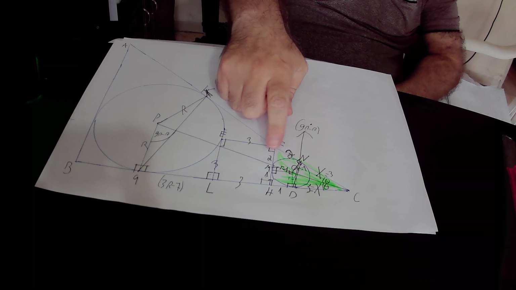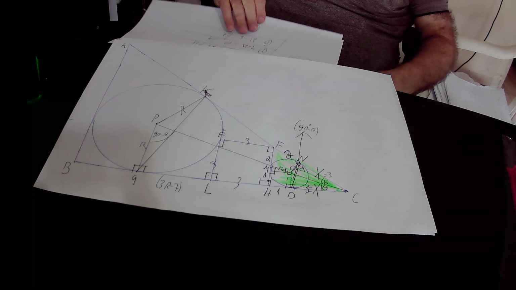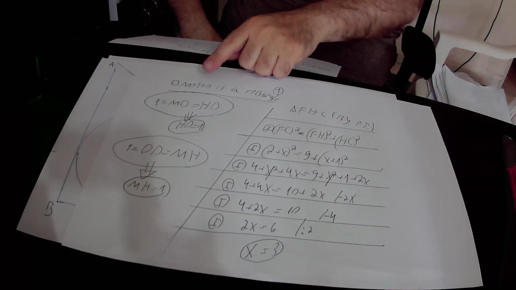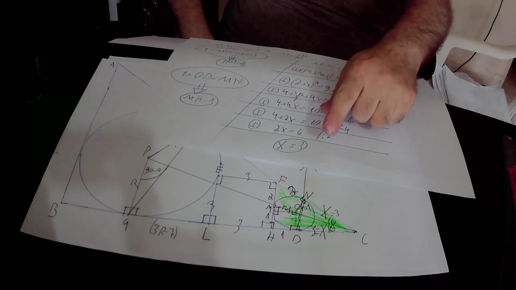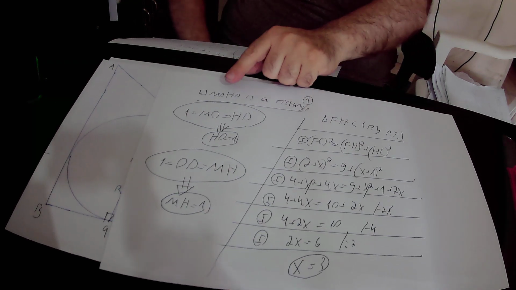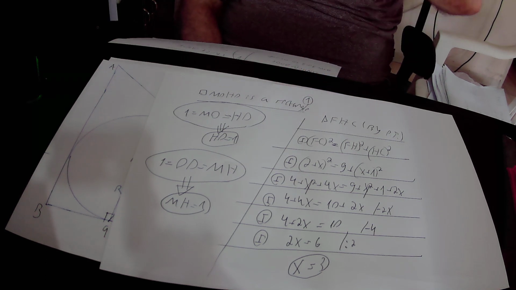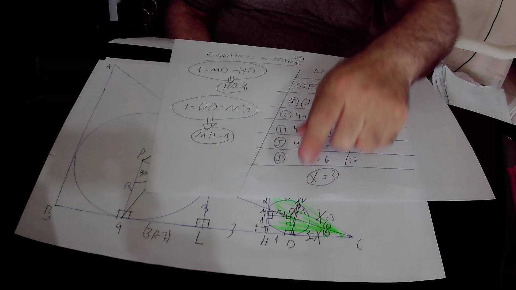And we know that the opposite sides of a rectangle are equal to each other. That is to say, MO equals HD. But we know that MO is the radius of the circle that is equal to 1. So we can write MO equals 1, and from this equation, 1 equals MO equals HD, we derive that HD is also equal to 1.